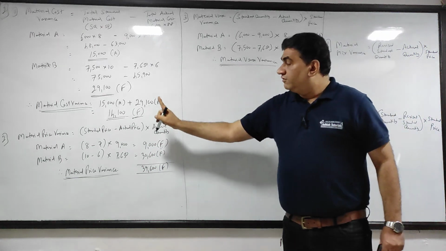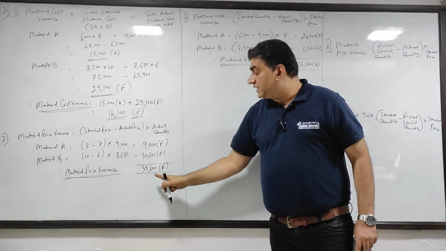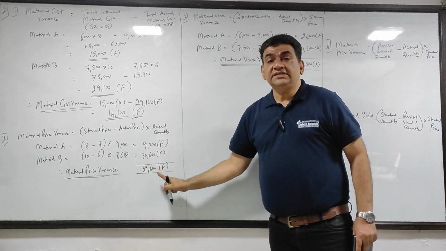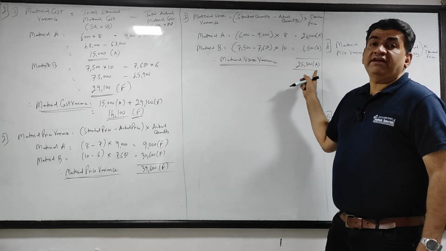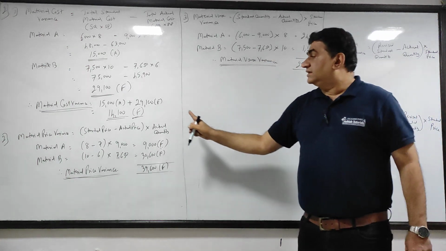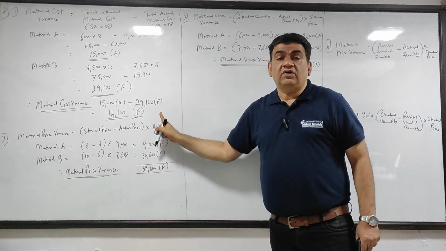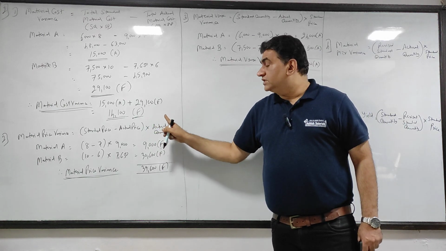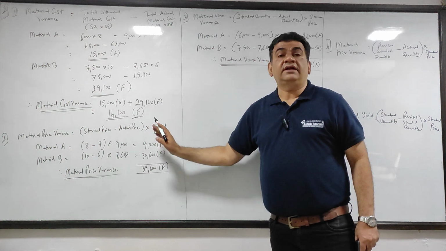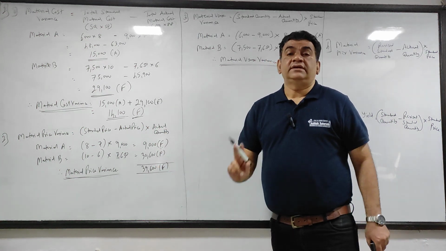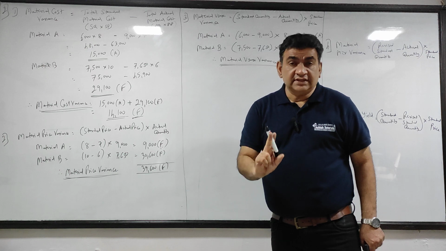Getting it? 14,100 favorable is equal to 39,600 favorable plus 25,500 adverse. That gives you a net of 14,100 favorable. Clear with this, guys?